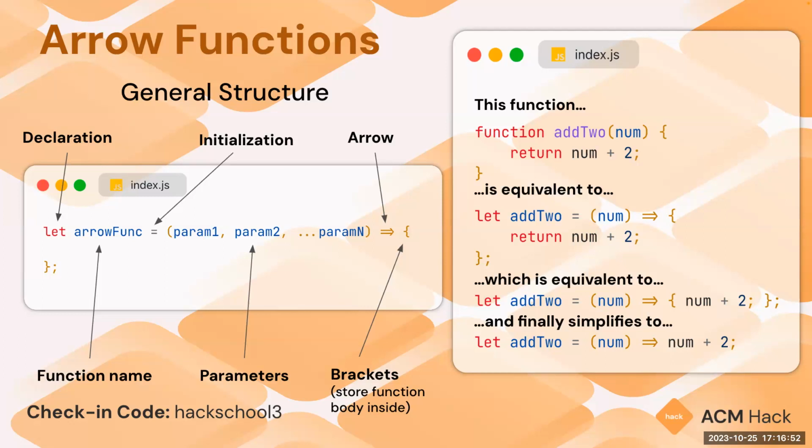We have let add2, and then equal sign, and then we add parameters in the parentheses, and then use the arrow and add the function body in there. And then you can simplify it further. In JavaScript, you can also omit the return and just write num plus 2. And then you can finally simplify it: if you have only one line, you don't need the brackets as well.